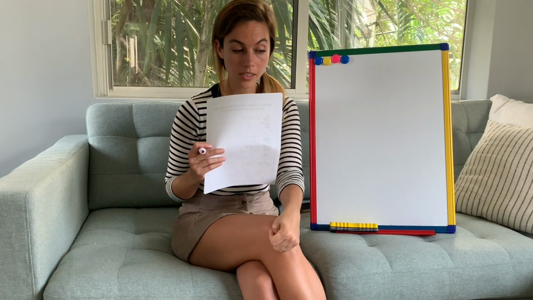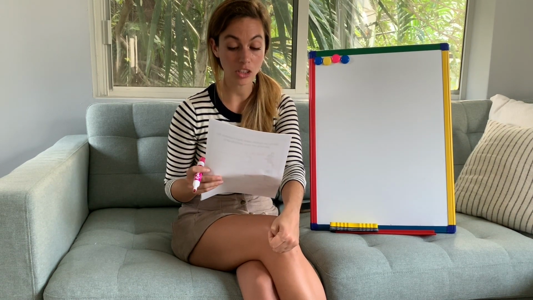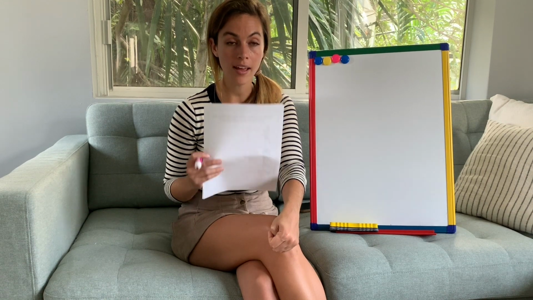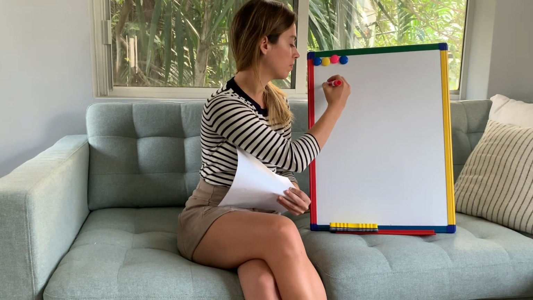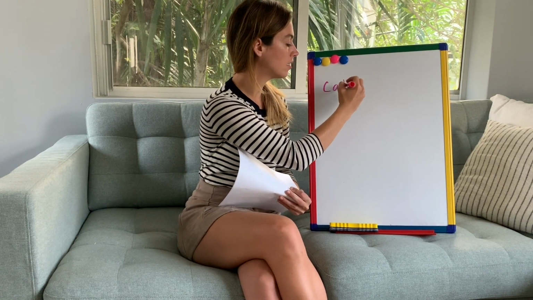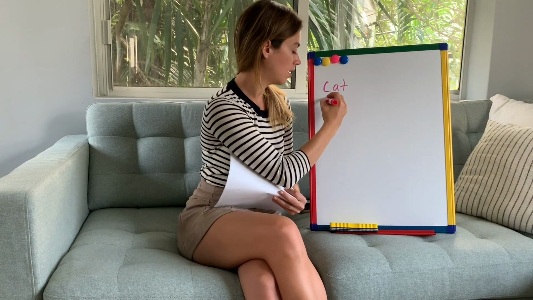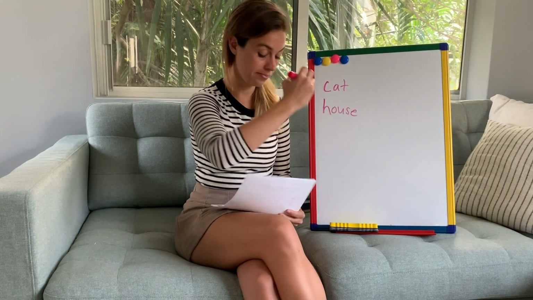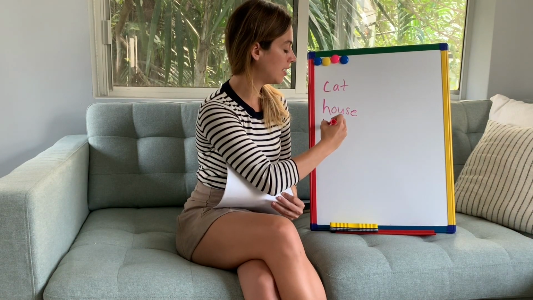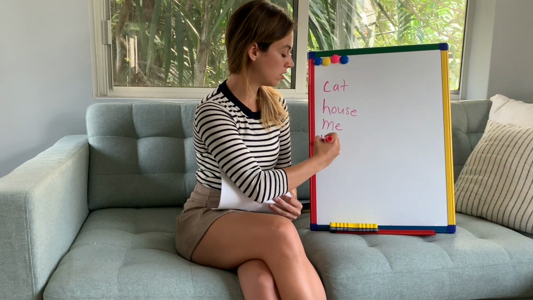Okay, so now what I'm going to do is I'm going to write down 4 words on the board, and you have to tell me which one is the action verb. Okay, so remember, action verb means that you can do this. Okay, so cat, house, me, and talk.